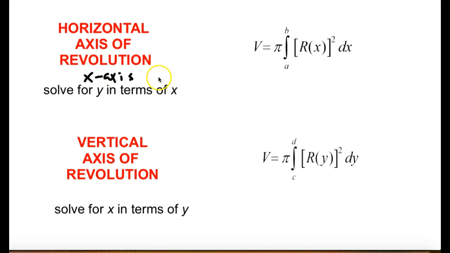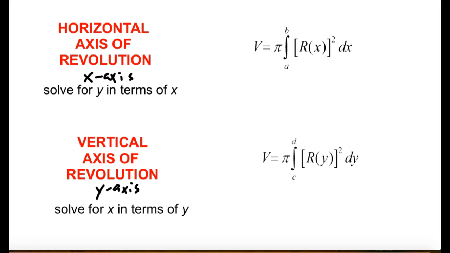So if I'm revolving about the x-axis, I'm going to have my function in terms of x. If I'm revolving around the y-axis, I want my function in terms of y. Here I'm integrating the area function pi times my function in terms of x squared, so pi r squared. Here I'm integrating pi times my radius in terms of y squared.